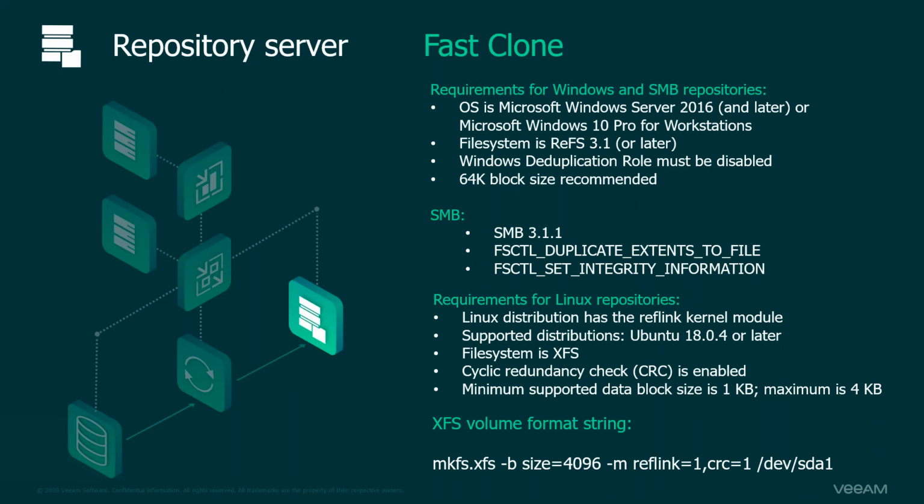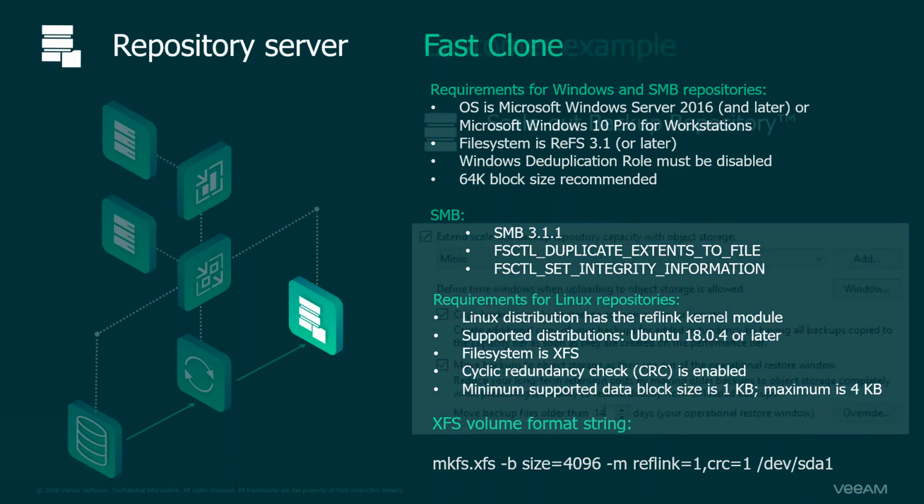Make sure you give your machine RAM, because there's going to be a lot of block referencing being done. If you find that you have slow fast clone performance, it's probably because there isn't enough RAM in your repository, or we're using an older update of Windows that doesn't have the latest ReFS bits.